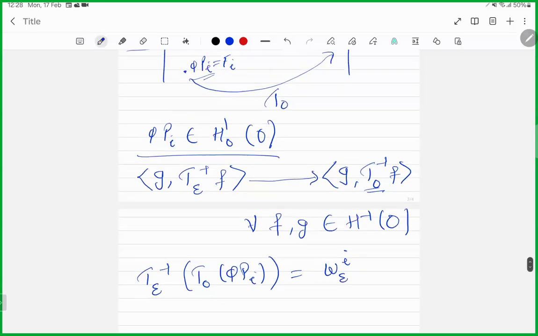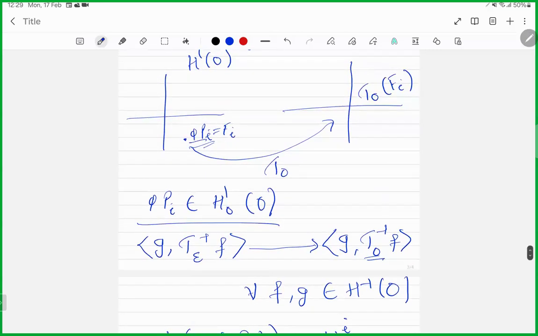So what I am saying here, you start with phi pi, which is in H1 0 O. You take the image under T naught, and then you take its image under T epsilon inverse. So that is the sequence. That is Tartar's oscillating test function.